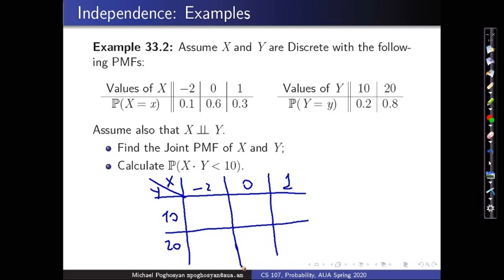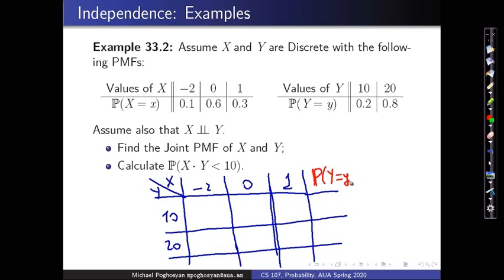I know the marginal PMFs, so let me fit them here. Y is taking the value 10 with probability 0.2 and 20 with probability 0.8. And X is taking its values with the following probabilities: 0.1, 0.6, and 0.3.